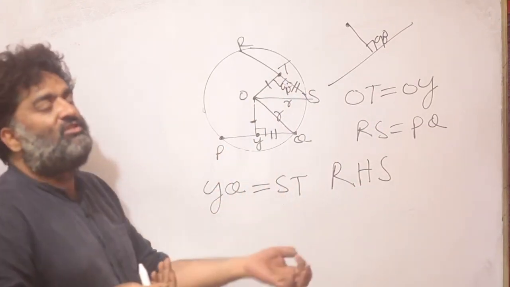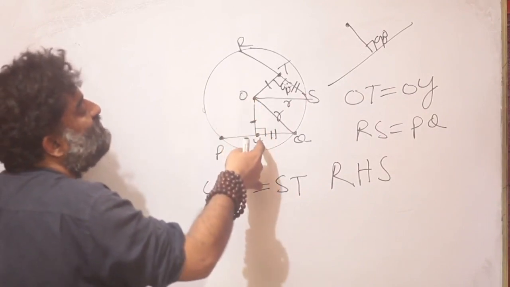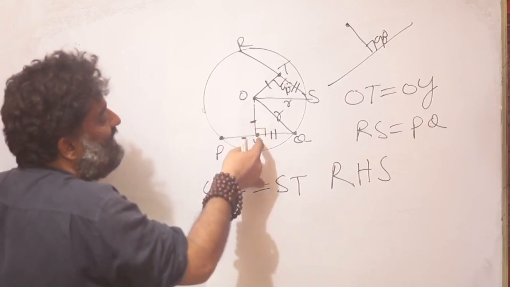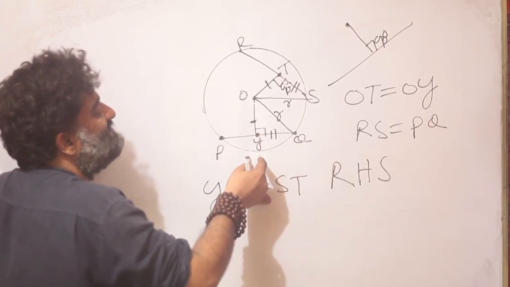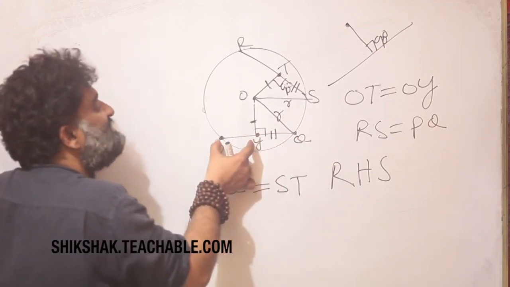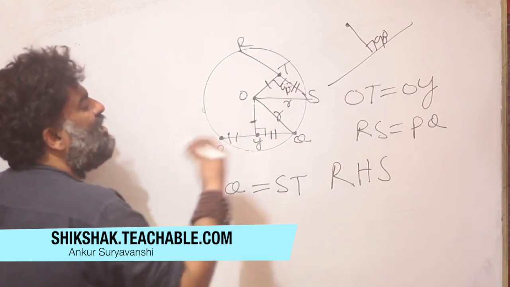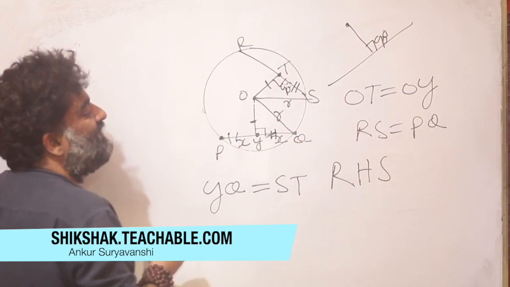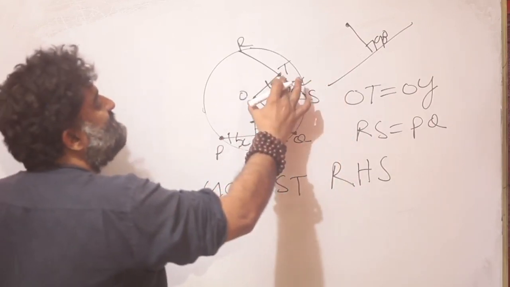Now you can use theorems learned earlier that if you draw a perpendicular from the center to the chord, it will also work like a bisector. That means this point Y is going to divide the chord PQ into two equal parts. That means YQ is equal to PY. So the same distance, right? Now for a minute, let me just call it X. So if this is X, this is also X. And the same logic, this is a perpendicular.